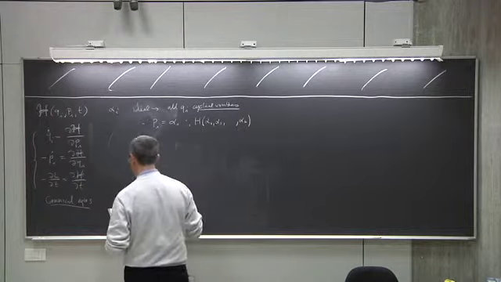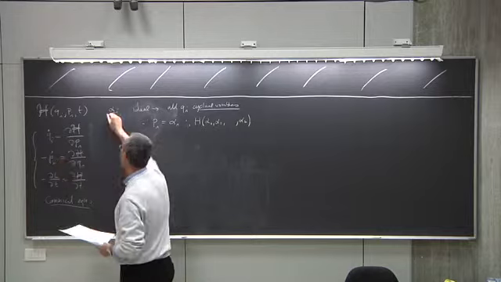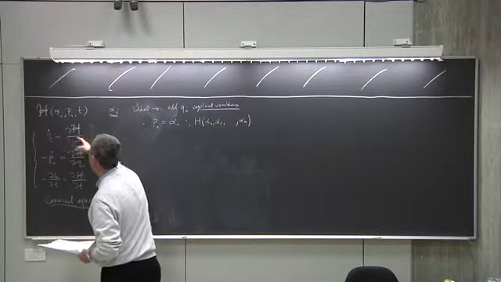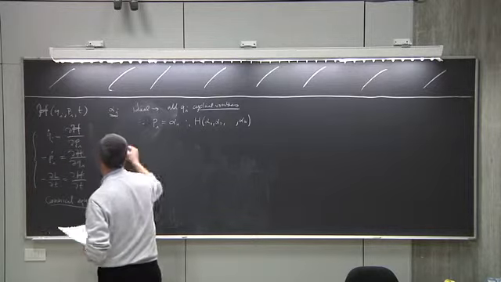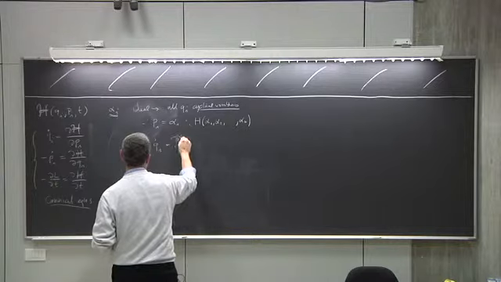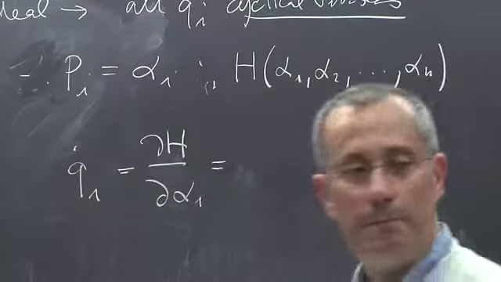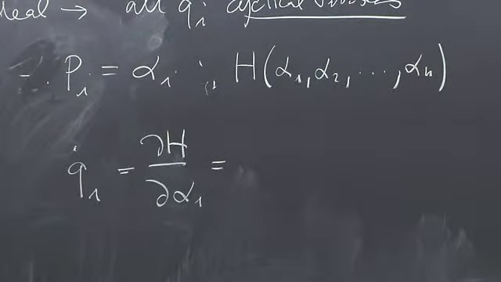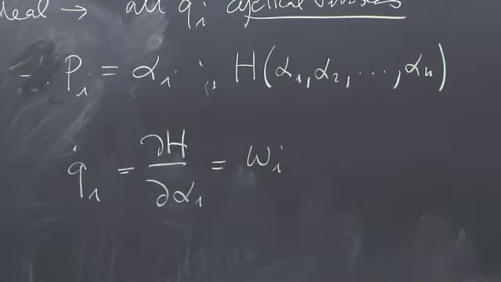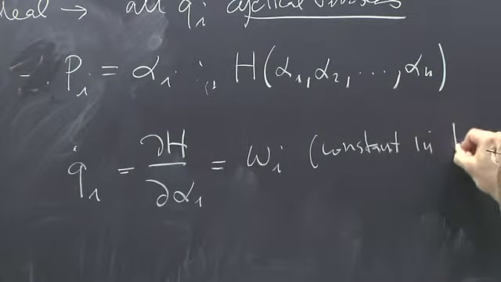equations of motion? Well, they become very simple, right? Because one of them says that this is a constant. And in the other one, you see, the Hamiltonian is a constant, so it's just a derivative of this constant. So it's just Qi dot equals dH d alpha i. That can only be a constant that I call omega i. So it's a constant in time.